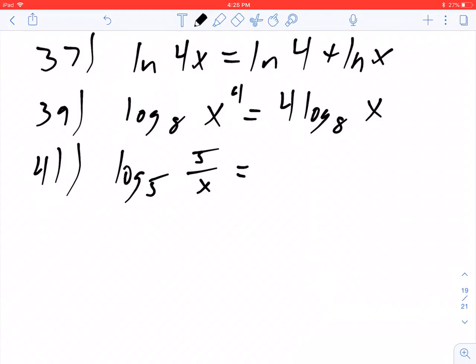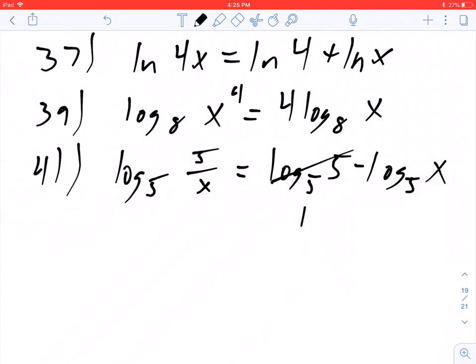Using the quotient property, we have log base 5 of 5 minus log base 5 of x. Log base 5 of 5 cancels and turns into 1. So we're left with log base 5 of x. So the final answer there is 1 minus log base 5 of x.